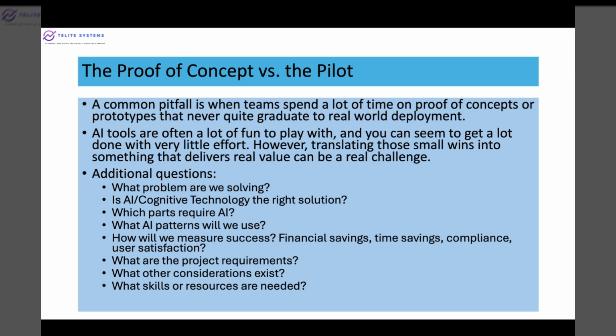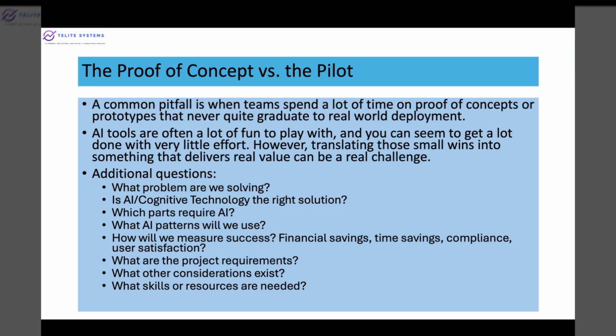Additional questions: what problem are we solving? These are the questions we have to keep in mind while doing the business study. Is AI or cognitive technology the right solution? Which part requires AI? What AI patterns will be used? Because there are seven AI patterns. How will we measure success?